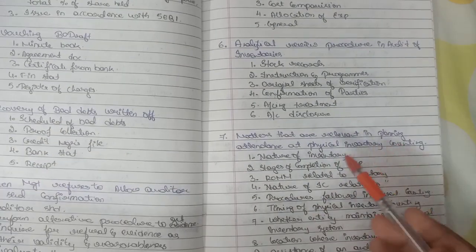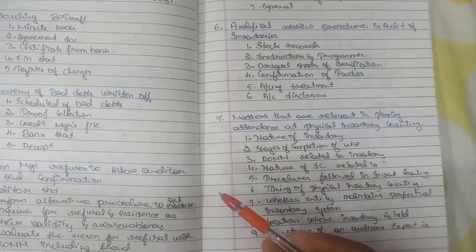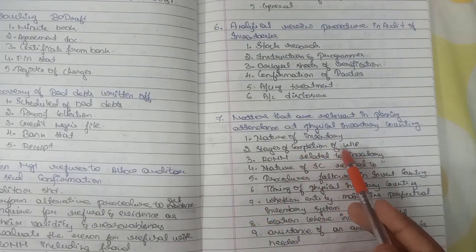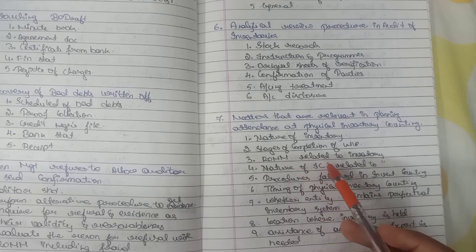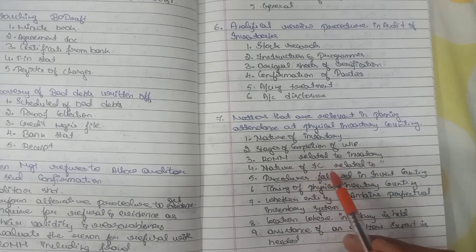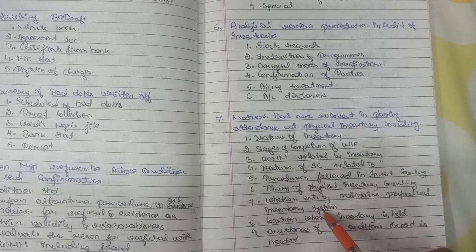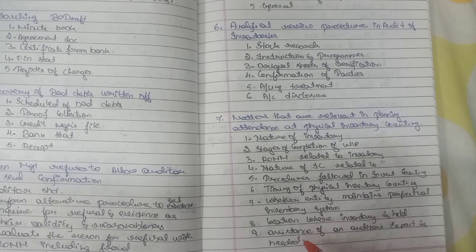Matters that are relevant in planning attendance at physical inventory counting: nature of inventory, stage of completion of WIP, risk of material misstatement related to inventory, nature of internal control related to inventory, procedures followed in inventory counting, timing of physical inventory counting, whether the entity maintains a perpetual inventory system, location where inventory is held, and whether the assistance of an auditor's expert is needed.